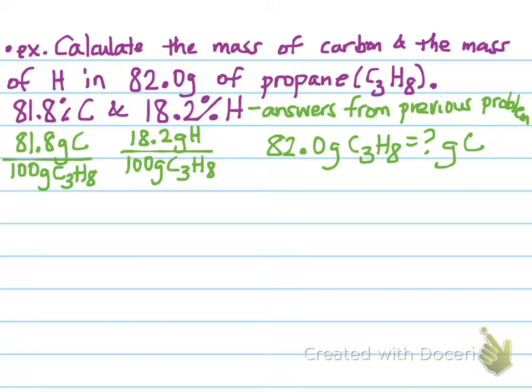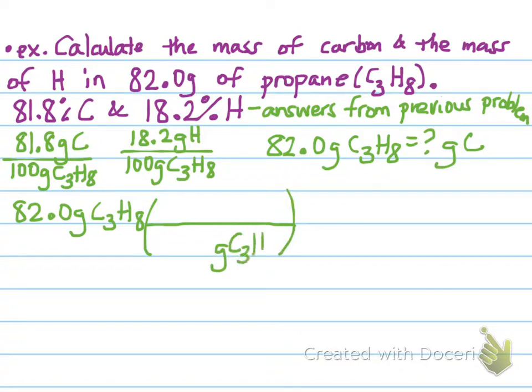Okay, so we're going to do these the same way we've been doing our conversion factor problems. We're going to start with our given, which is our 82 grams of propane. Grams of propane has to go on the bottom to cross out. We're trying to change it to grams of carbon, which we can because we have the percent composition of carbon.